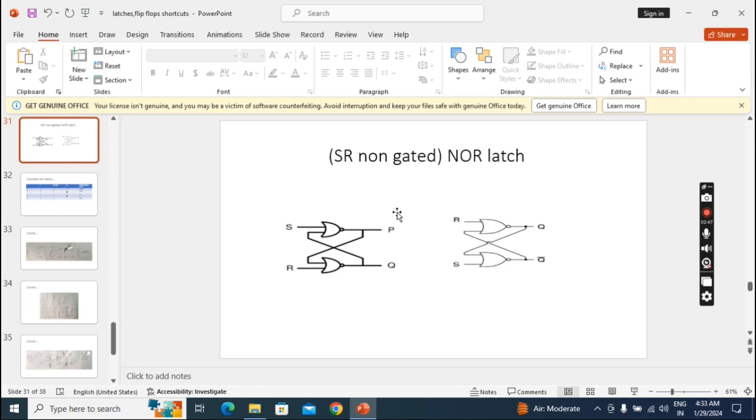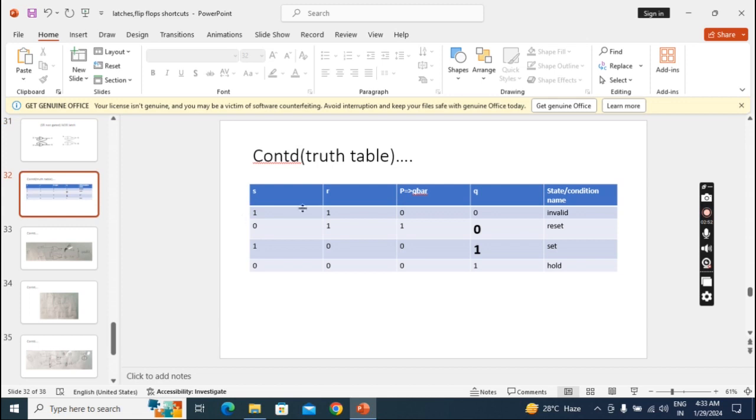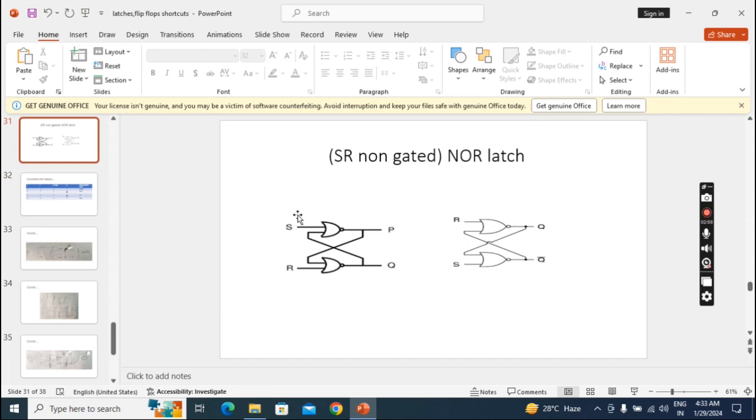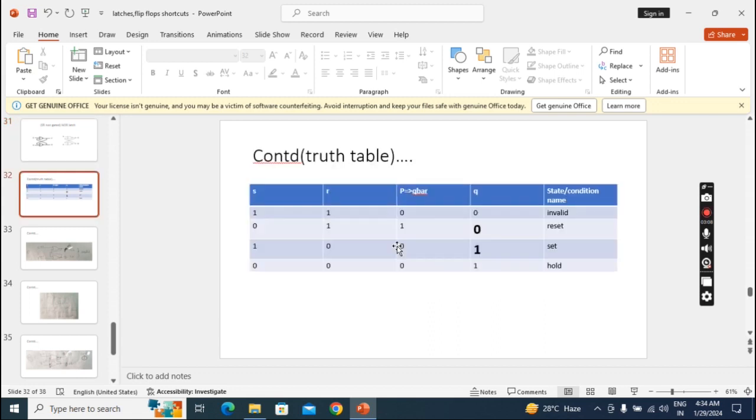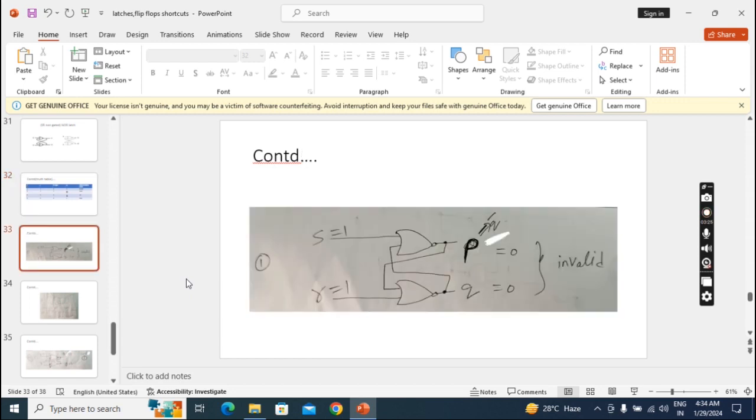Because there is no output also at that time to feedback. Okay, so we have to start from 1 1. So even with 1 1, even though there is no second input, we can predict the output based on the NOR gate definition. Because in a NOR gate, if any one input is 1, output is 0. Like that we can predict. Okay, and here you can see I took Q here, Q bar here. Okay, these are the state names. Okay, now we'll see this operation step by step.